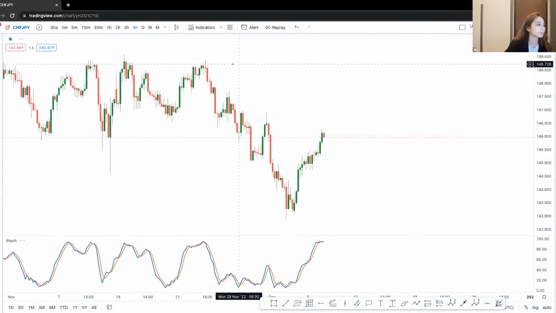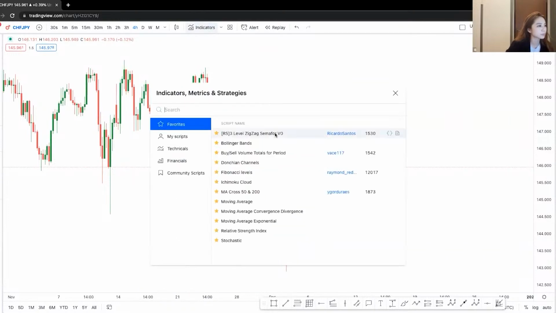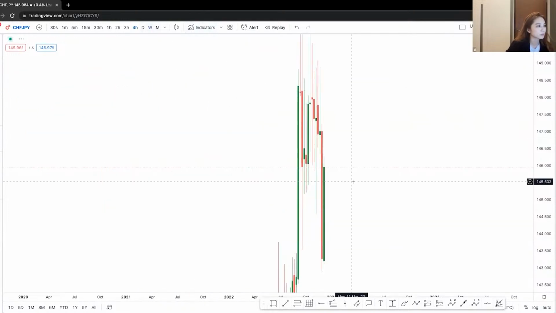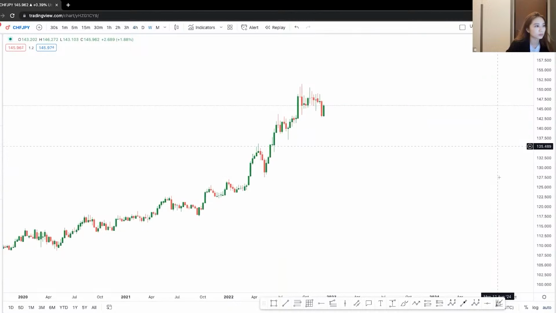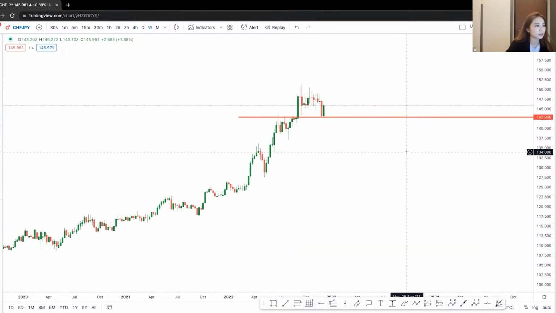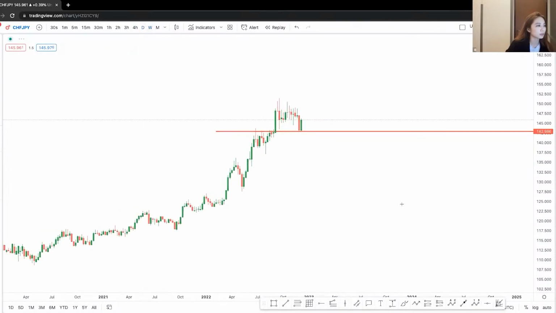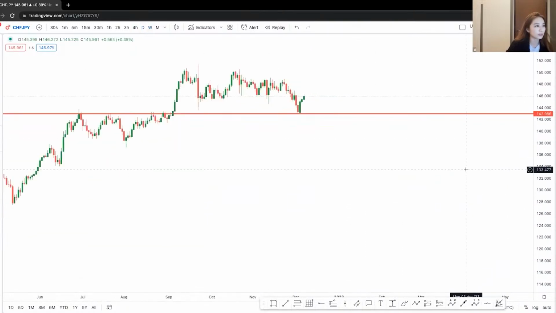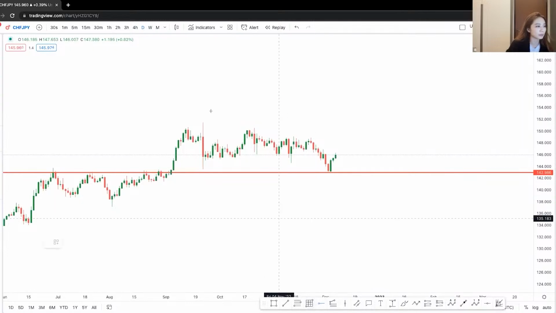It's Franc Yen. Interesting. We're looking at resistance and support level. Let's look at daily. You can see that actually price is moving up and down between these two levels.